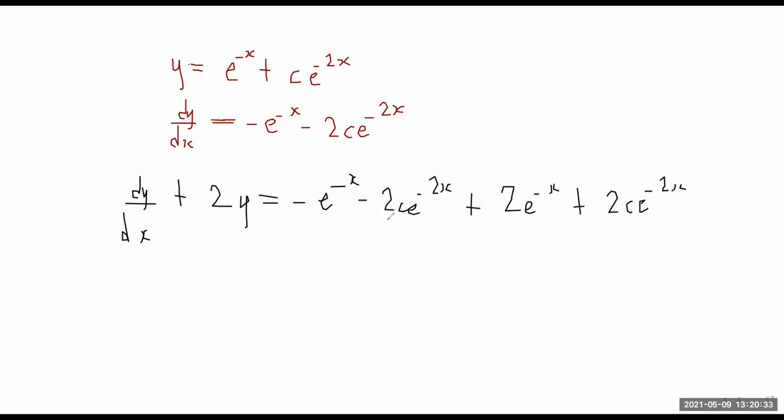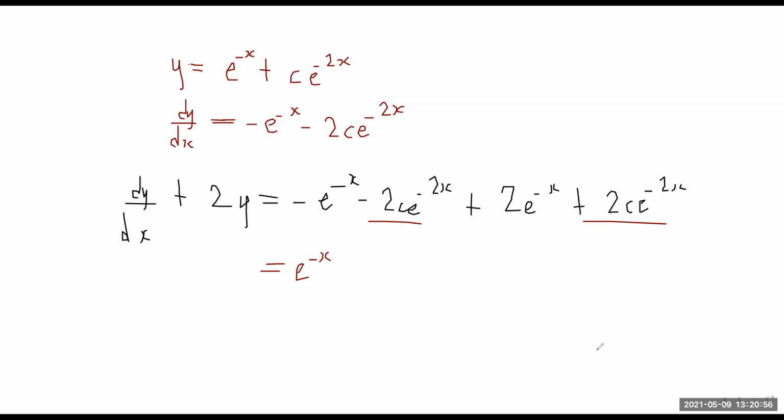This and this becomes 0, right? And then 2e to the minus x and minus e to the minus x just become e to the minus x. So if you really look at it now, Marika, didn't you realize that dy by dx plus 2y ends up equal to this?